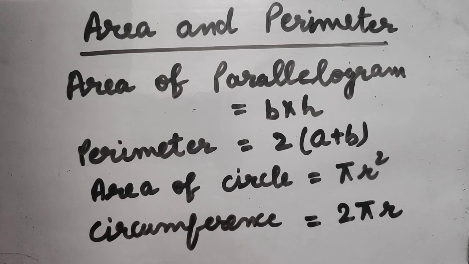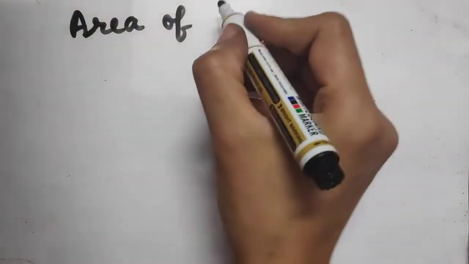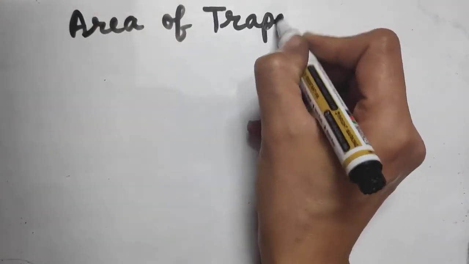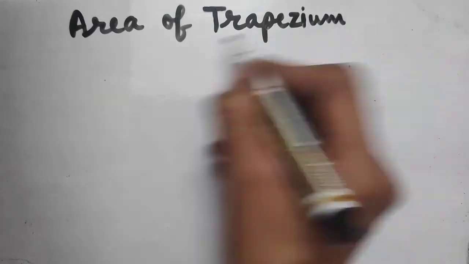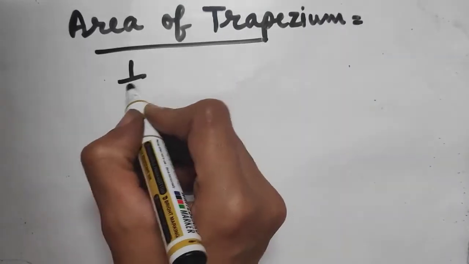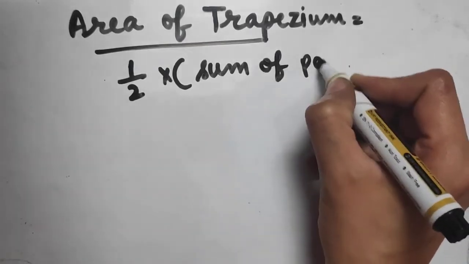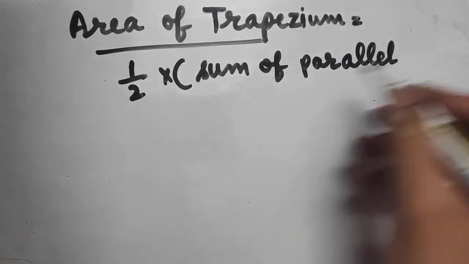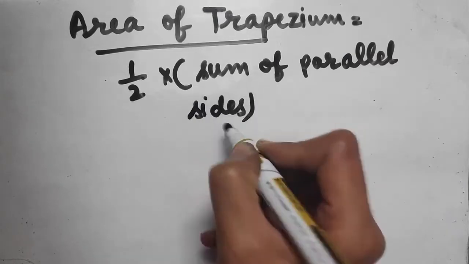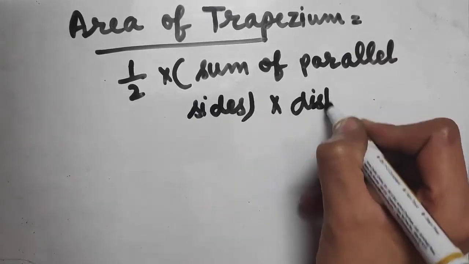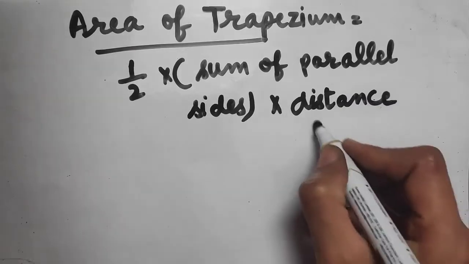Let us talk about now the area of trapezium, rhombus, general quadrilateral, and then we shall move to the formulas of surface area of cube, cuboid, and cylinder. Area of trapezium is equal to half into sum of parallel sides into distance between them, distance between parallel sides.